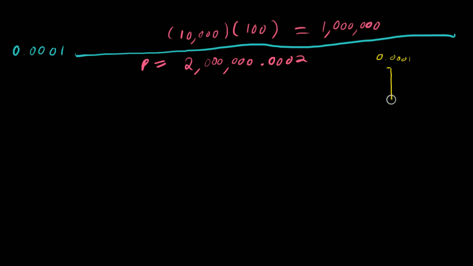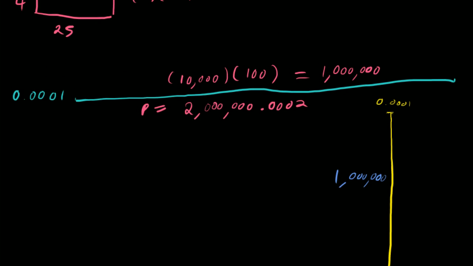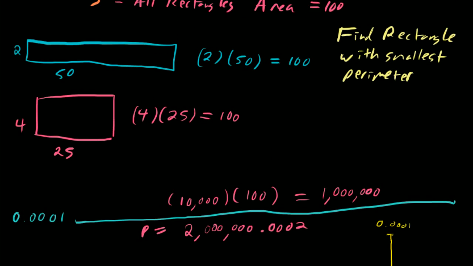Again, we would have this really skinny but really tall rectangle, and it should keep on going, but you can see that it would really just look like a line, and this width would be 0.0001. And again, our height in this case would be 1 million. And our perimeter would still be equal to 2,000,000.0002.